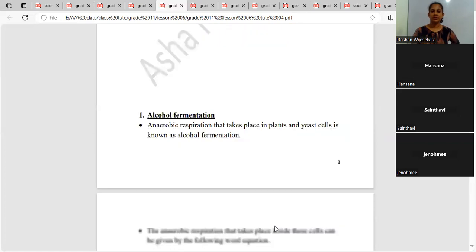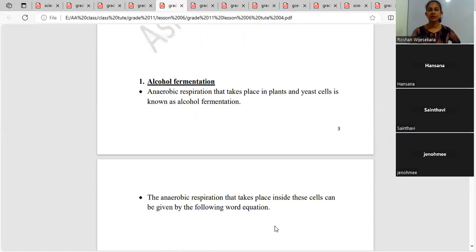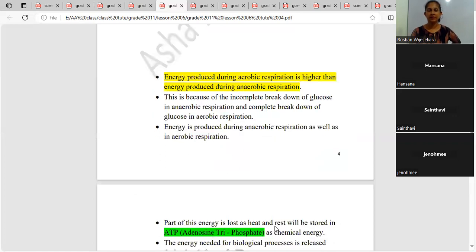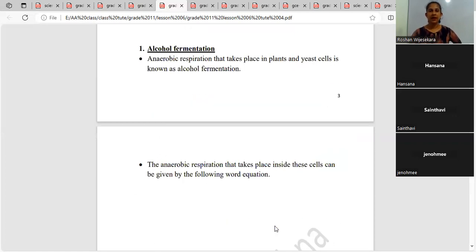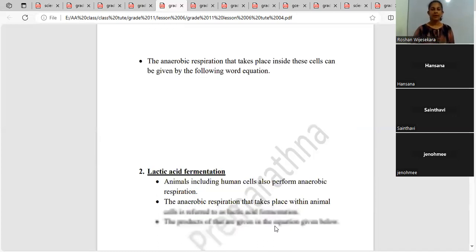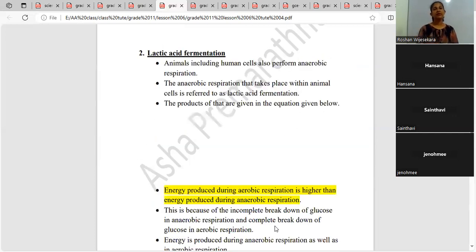And in anaerobic respiration, there are two types, alcoholic fermentation and lactic acid fermentation. Alcoholic fermentation takes place in plant cells and yeast cells. The final product is alcohol. And lactic acid fermentation takes place in animal cells, including human. The final product is lactic acid.